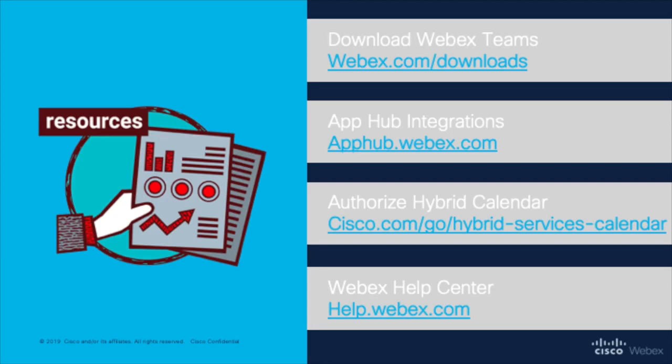We have a slide that was the previous slide that will also be a follow-up item that we'll send out in a document to everybody that's joined this webinar. And you can go to cisco.com/go/hybrid-services-calendar, and it goes through all the details of how you need to configure that. I will tell you that, like I said earlier, the Office 365 and Google are really easy.